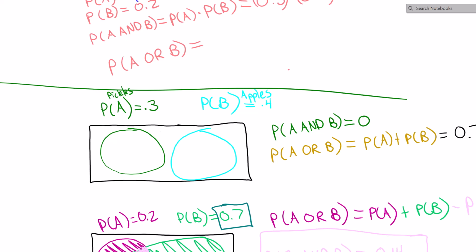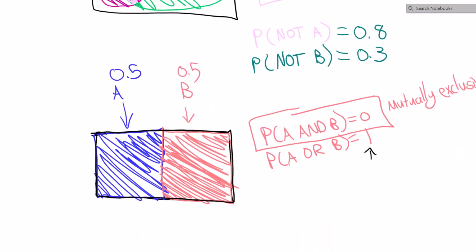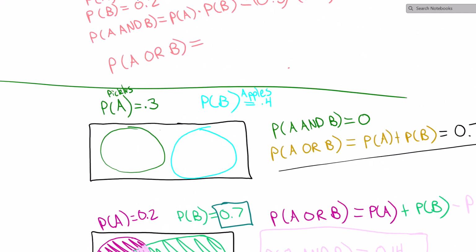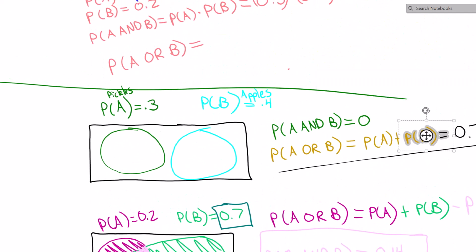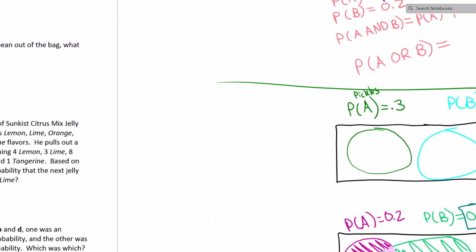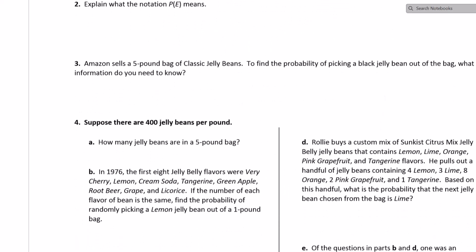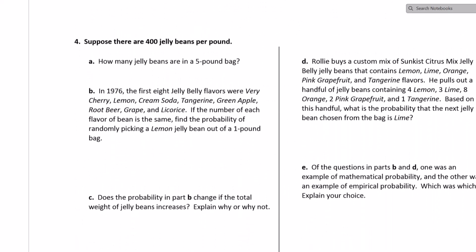So mathematically, if A or B adds to 1 or 100% probability, like it did down here, then we're looking at mutually exclusive events, possibly, that cover the entire sample space. Whereas if A or B is not 1, then there are other choices and it does not cover the entire sample space. I think that's enough information to kind of dig in to these problems.